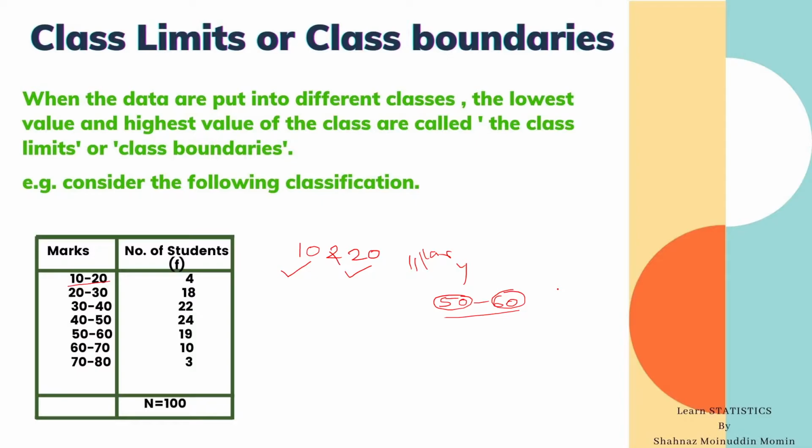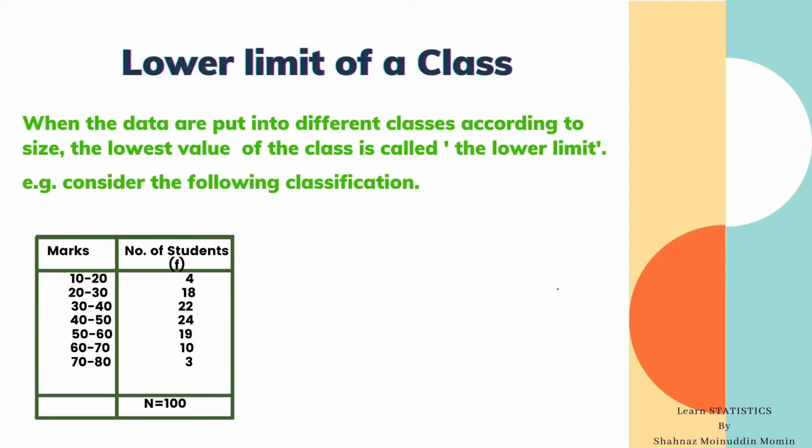Now let us see the next basic concept, lower limit of a class. When the data are put into different classes according to size, the lowest value of the class is called the lower limit. For example, consider the following classifications.